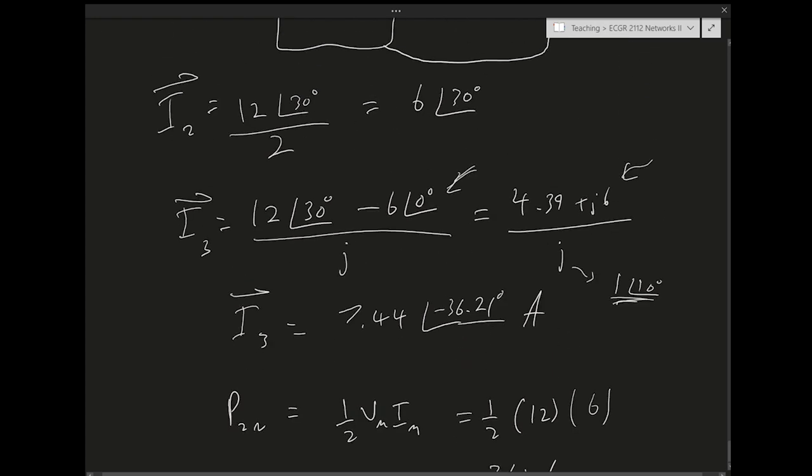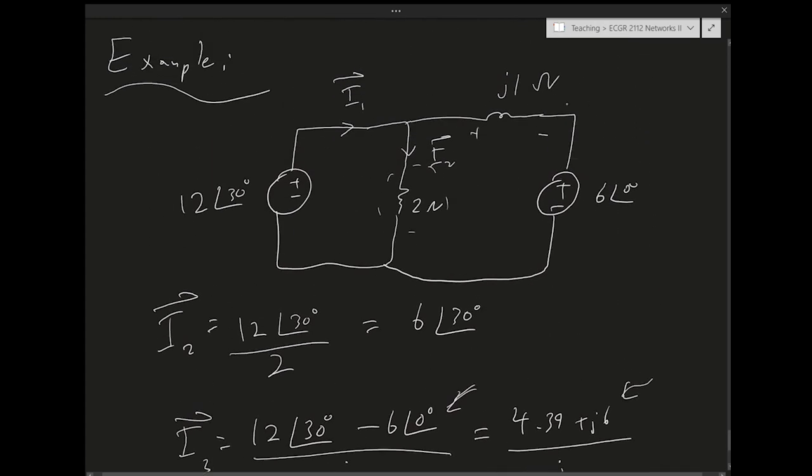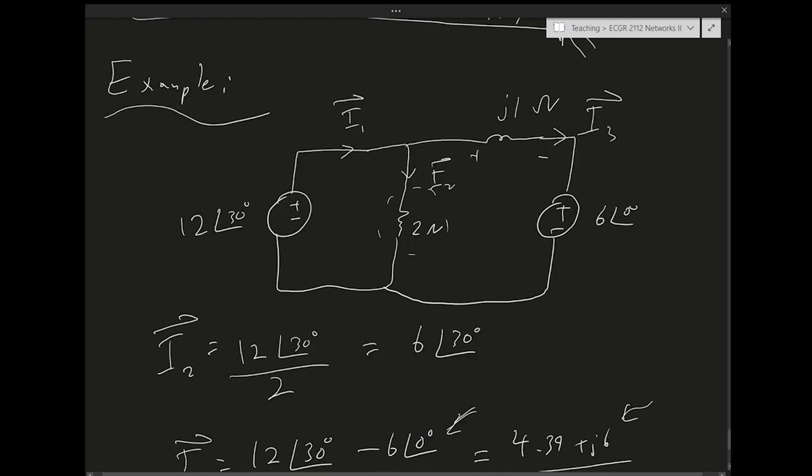Okay. And then using this sign convention with I3 going in this direction. I forgot to write that down. I3 is going in this direction. Using this sign convention, the absorbed power by the 6 volt supply is going to be the voltage of the supply times I3, right?